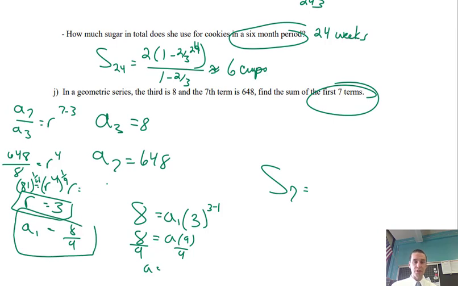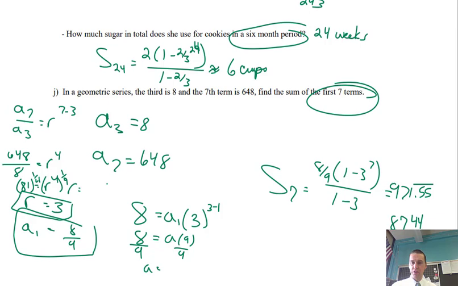Now, all I'm going to do is plug in our first term for our summation. (1 minus 3 raised to the 7), all over 1 minus 3. And that gives us 971.55 repeating. And as I said, I don't like the repeating symbol. Let's write it as a fraction of 8,744 over 9.